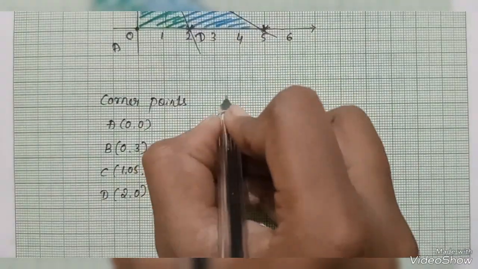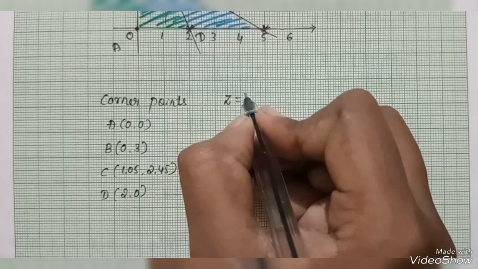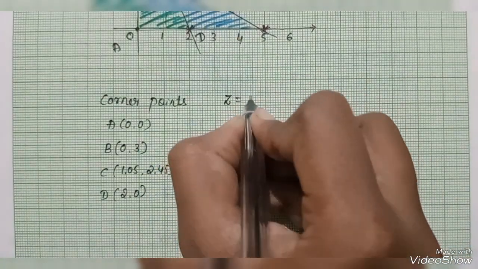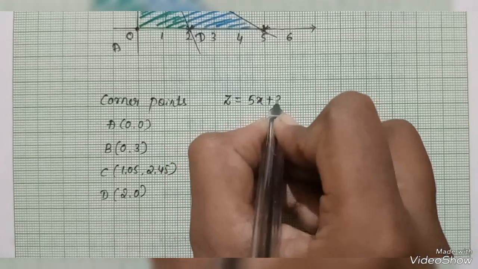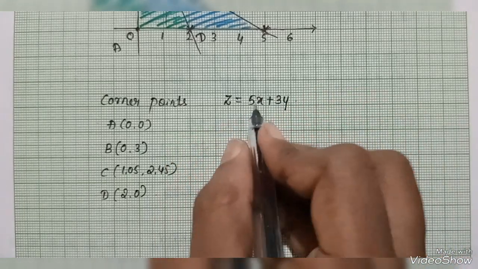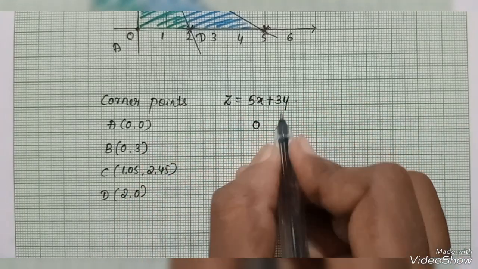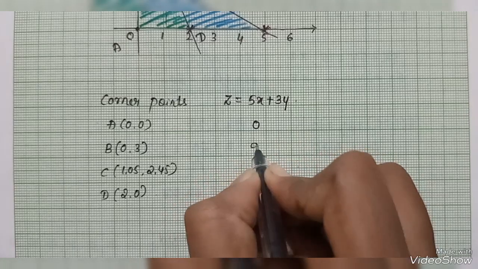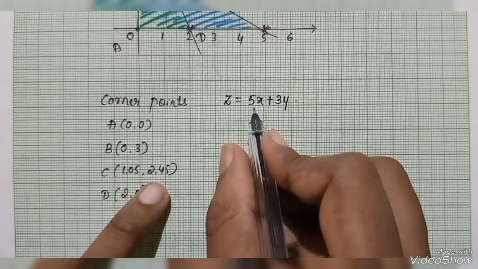Okay, then the objective function z equals 5x plus 3y, 5x plus 3y, we get 0. Here 3 into 3, 9. I am taking 1 and 2.5.